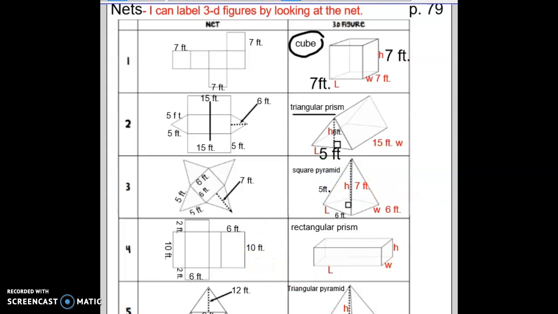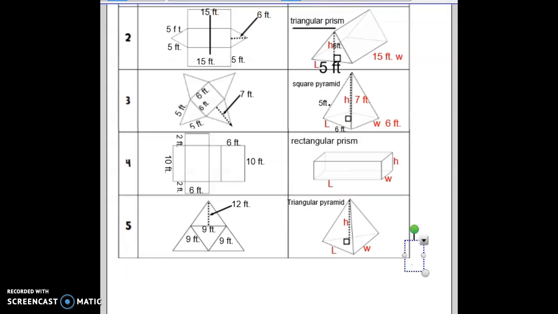Okay, your next figure is a rectangular prism, and the way that you know that is it has 6 rectangular faces, and we're going to label these dimensions that you see, 2, 10, 6, on the prism. Hopefully you notice that the longest side is 10 feet, so the length of the rectangular prism is going to be 10 feet, if you will label that now.